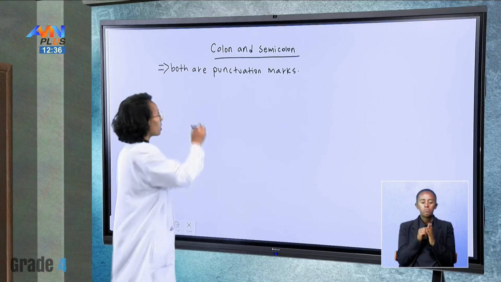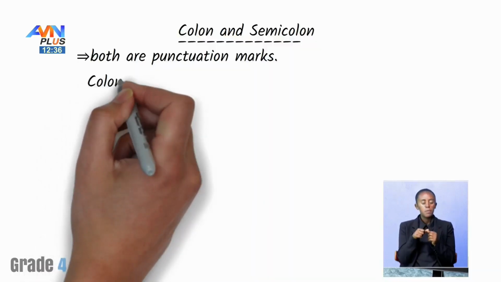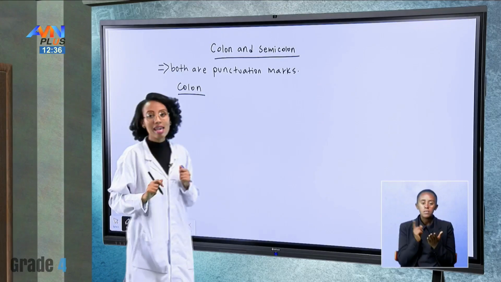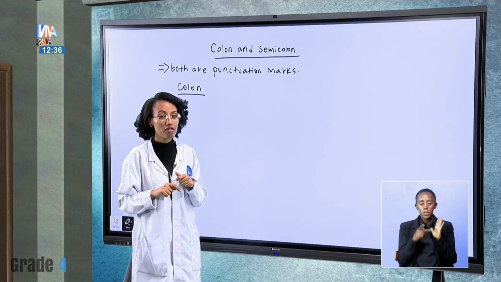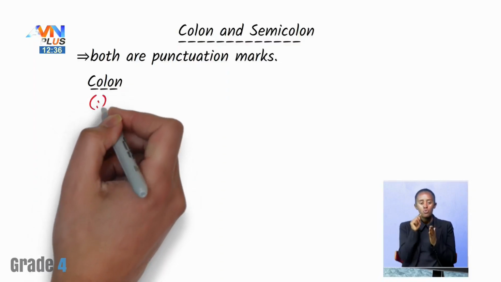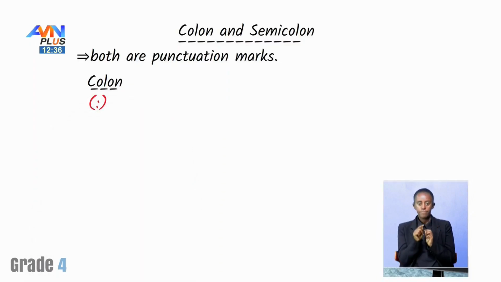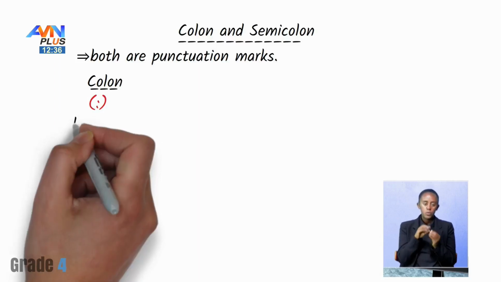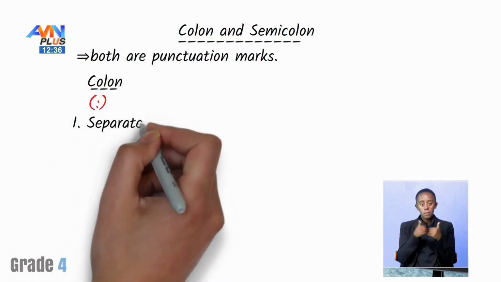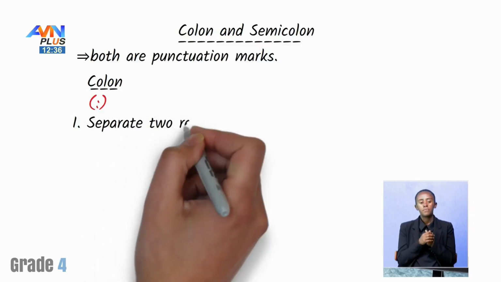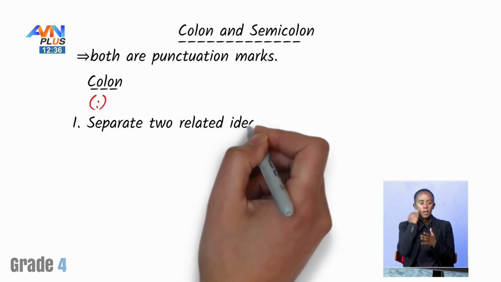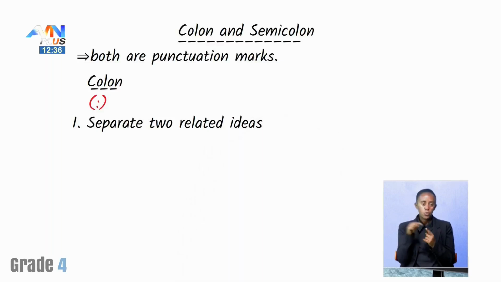If you remember, when we were talking about colon, we said it is what? A punctuation that resembles two vertical dots. This is the symbol of a colon. And we also talked about how we use it. The first one being to separate two related ideas or two related sentences, yes?